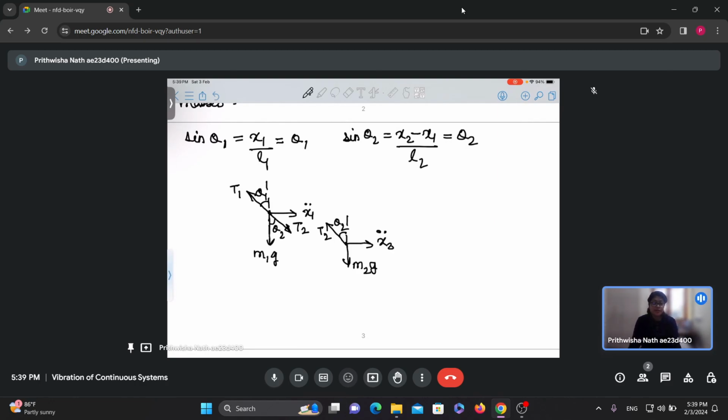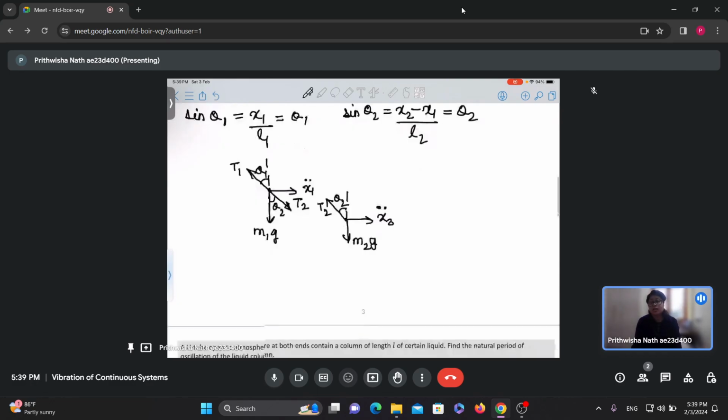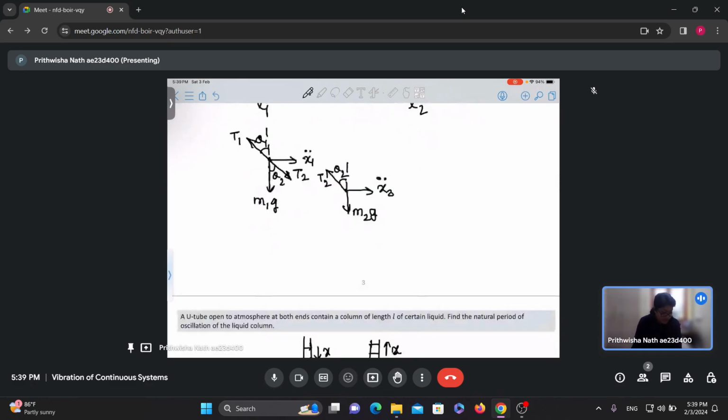So here is the free body diagram for the two masses. What will be the equation? Here we consider that there is no motion in the vertical direction, so the vertical components of the force balance each other.